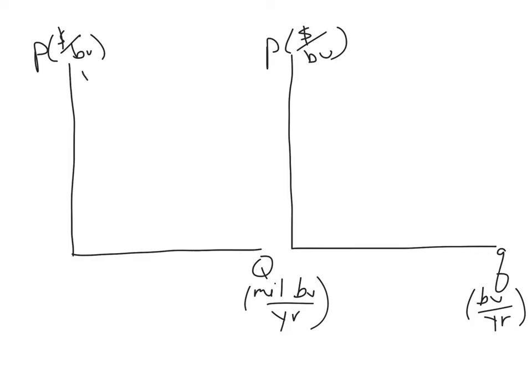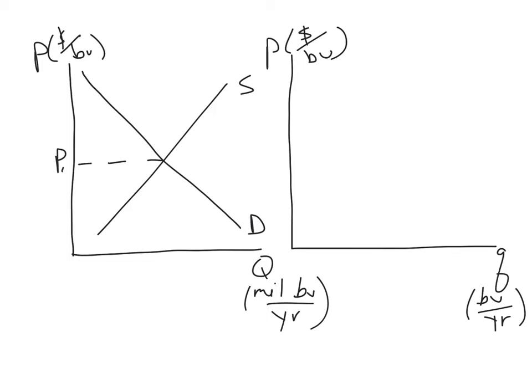All right, we want to draw an initial long-run equilibrium. So in the long-run equilibrium, there's a short-run market equilibrium. Market's clearing at price P naught and at quantity Q naught. The reason you do this first is you need to know where the initial long-run equilibrium is for firms.